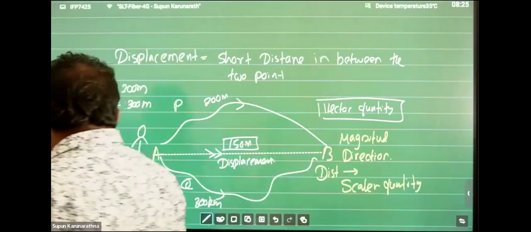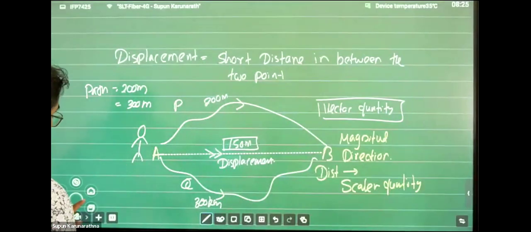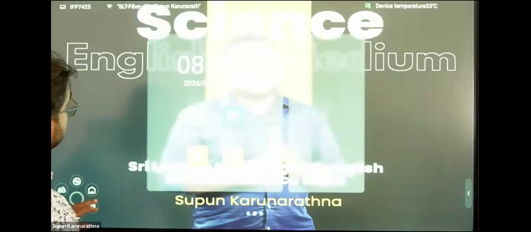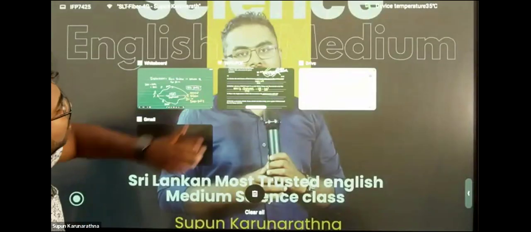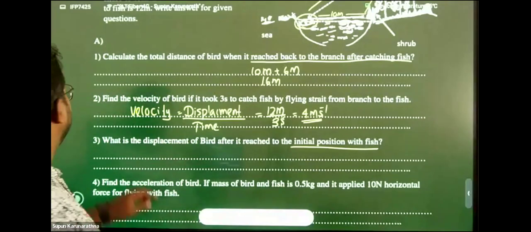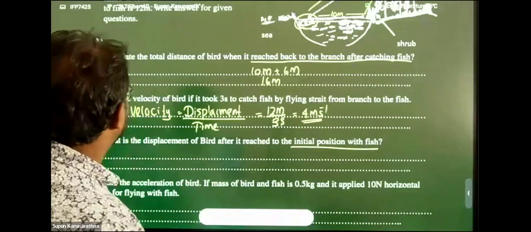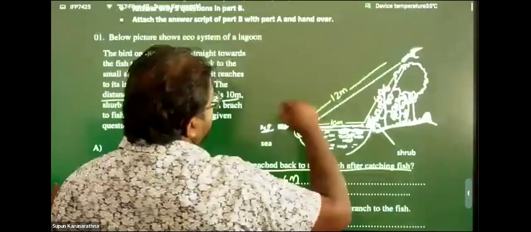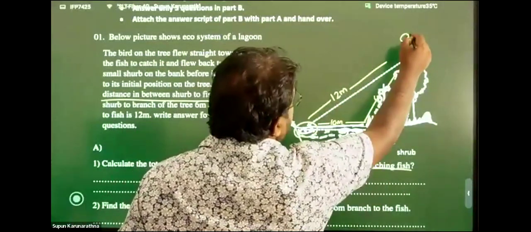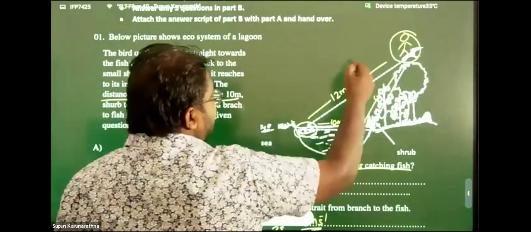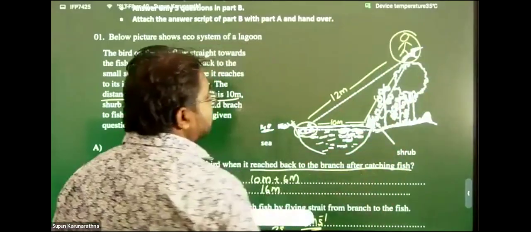Now let's come to our paper. The question asks what is the displacement of the bird after it reached its initial position. The bird starts its journey from this place, and after completing its journey it comes to the same position.